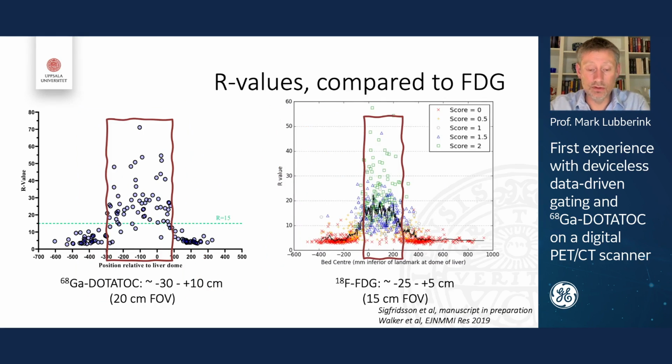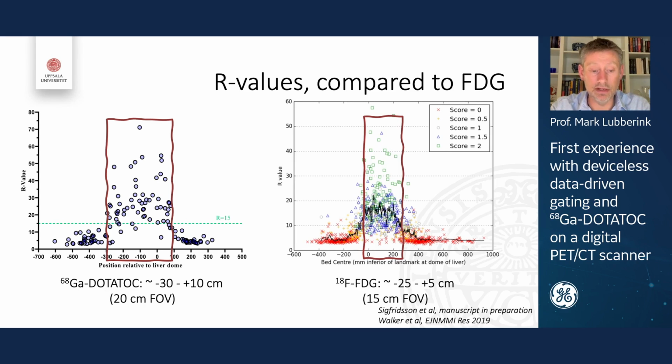If we compare these results to the previously published results for FDG, we see that the range of bed positions at which motion is detected by MotionFree for gallium-68 DOTATOC is from about -30 to +10 centimeter relative to the dome of the liver, compared to the -25 to +5 centimeter for FDG.